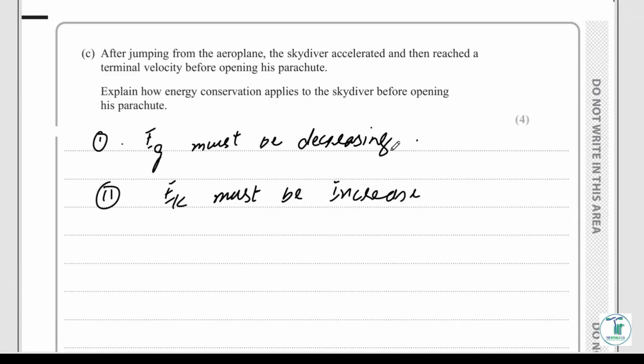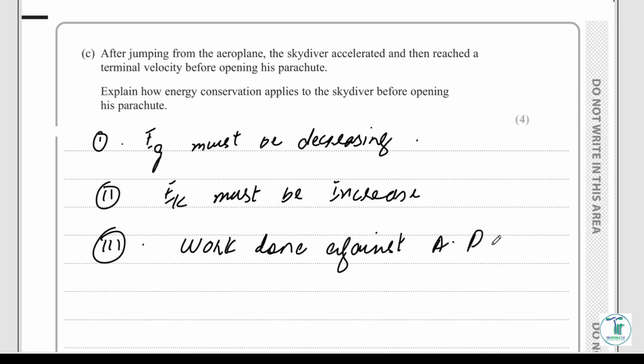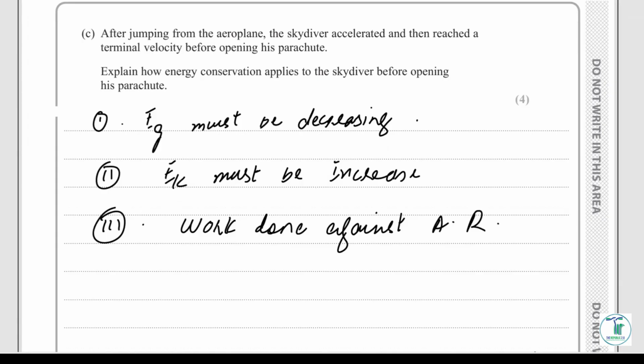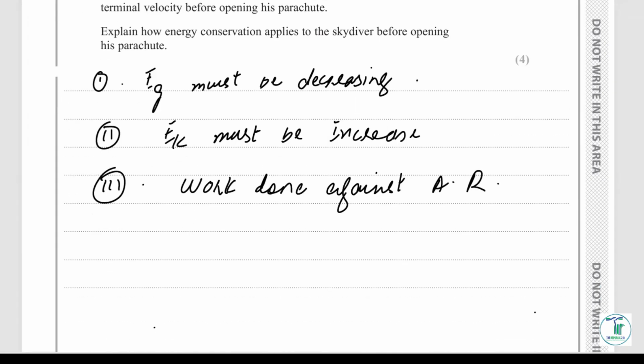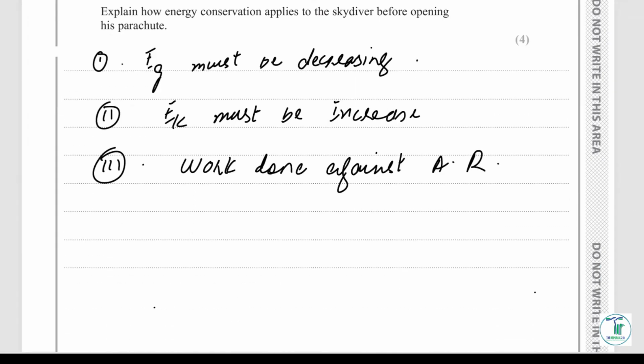And if the kinetic energy is increasing, where is the other energy going? You need to do some work against the air resistance as well, right? Energy must be dissipated in this form. Now, as the terminal velocity is achieved, the gravitational potential energy would be all gone, and you would be doing just work against the air resistance, right?